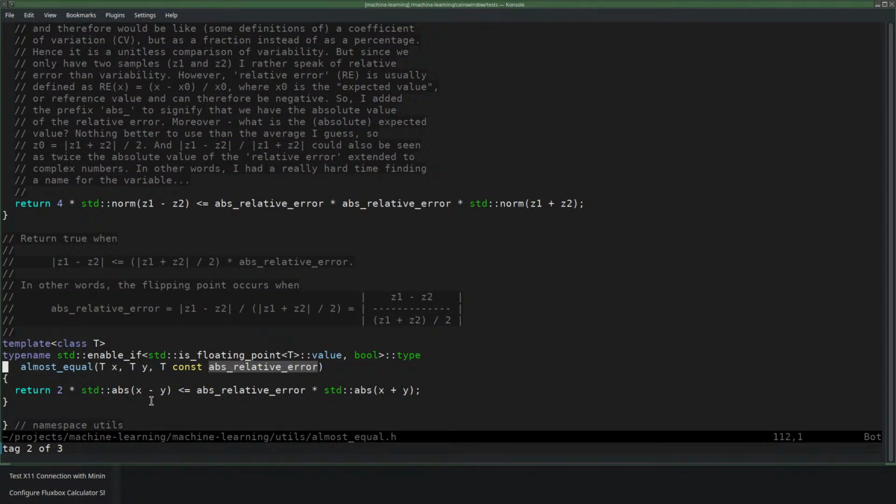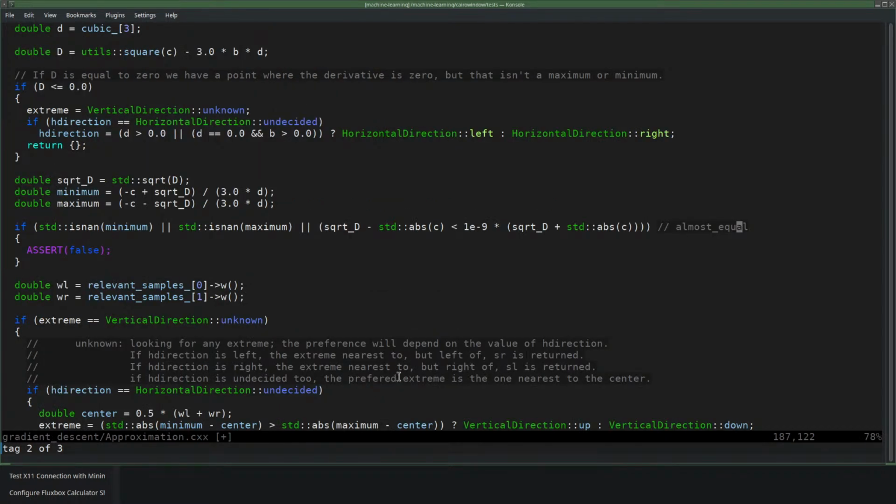But this thing does use the absolute value of the difference, so maybe it's not suitable. Anyway, if you look at this formula that I came up with, then the difference divided by that is this value. So this is my absolute relative value.